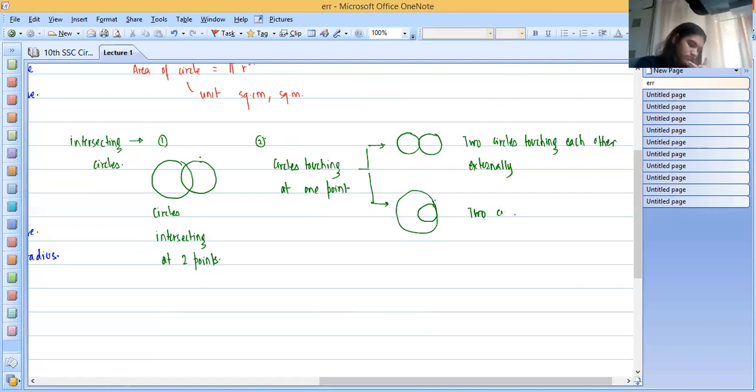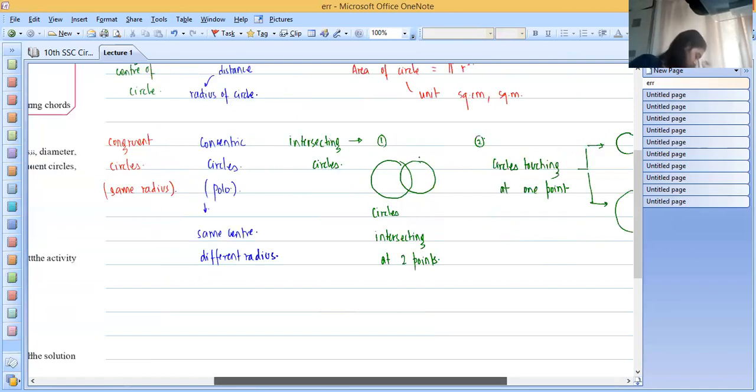Two circles touching each other internally.